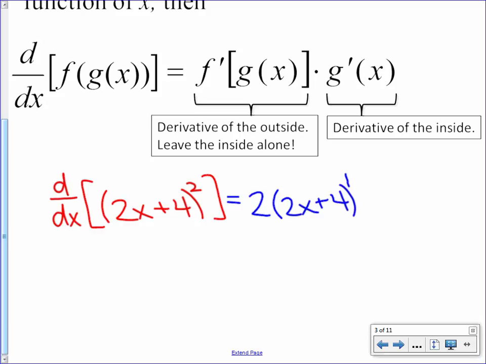What I took the derivative of was x squared, except instead of x, there's something inside. So now we have to take the derivative of the inside. What's the derivative of the inside? 2. So our derivative is 2 times 2x plus 4 times 2, which is 4 times 2x plus 4.